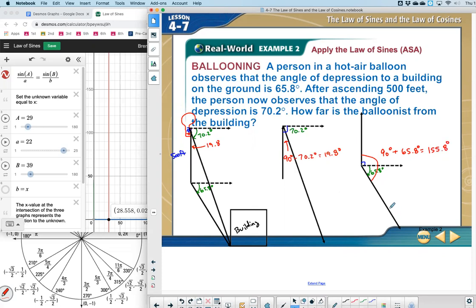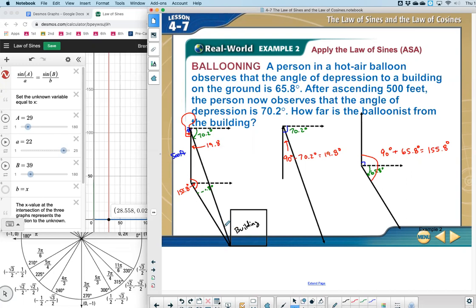Yes. Which means if I wanted to redraw this now, I'll say this angle from here to here is going to be 155.8. I don't know how to symbolize that it's referring to the inside, but there we go, 155.8. So now we can actually solve the whole problem.